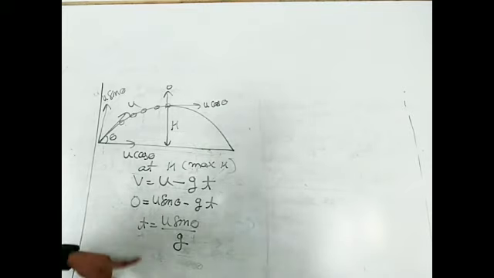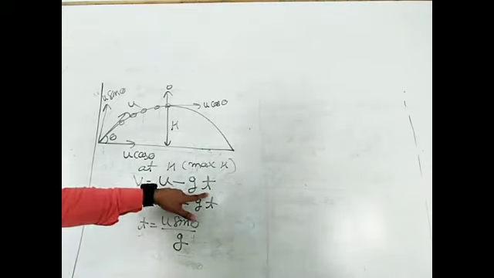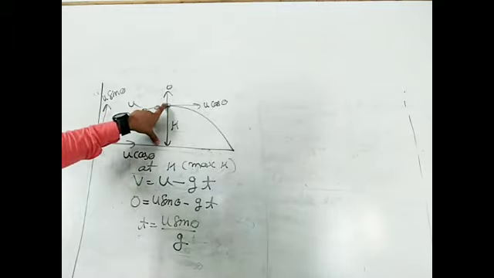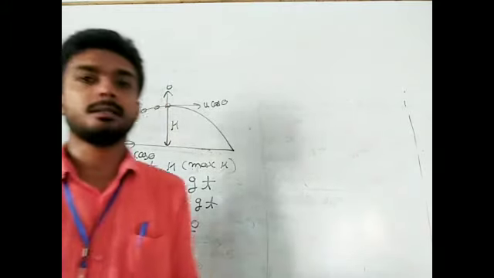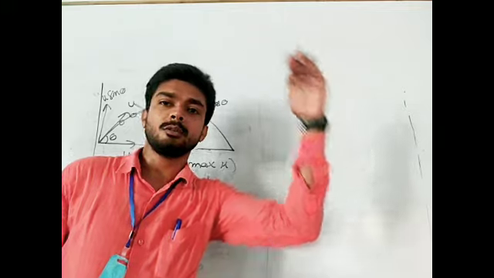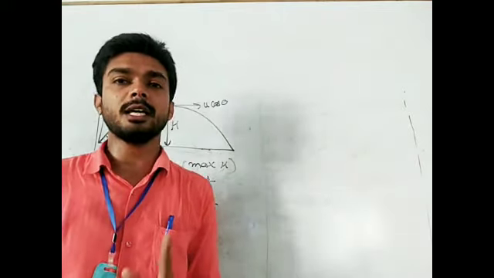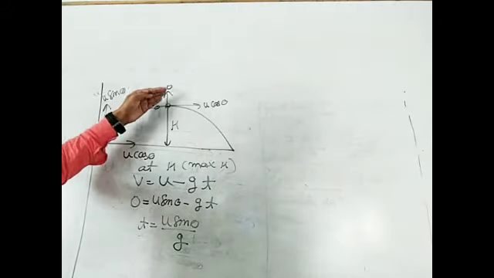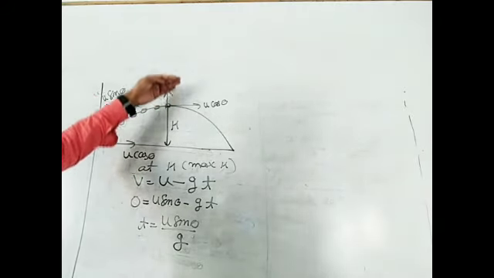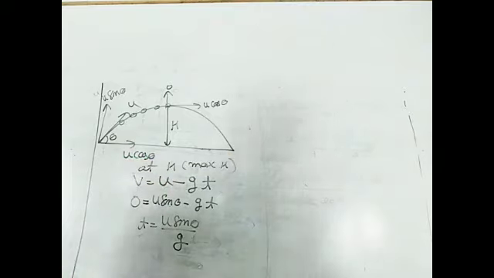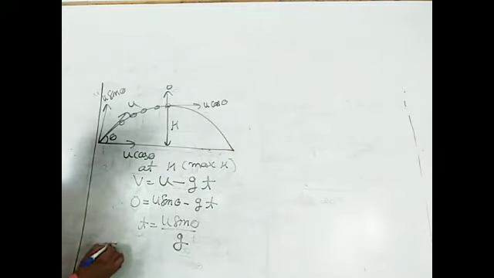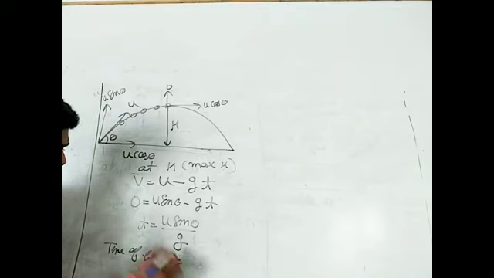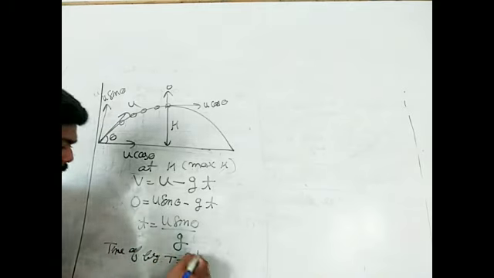Since this t is for maximum height h, and we have discussed that the time of ascent is equal to the time of descent, the time taken by any object to reach its maximum height is the same as the time taken to come back to the earth. Then for time of flight, multiply that small t by 2.